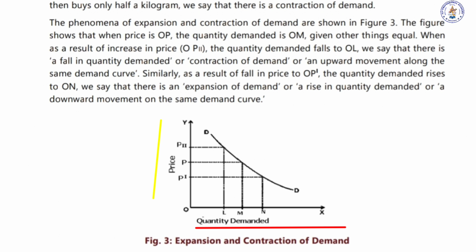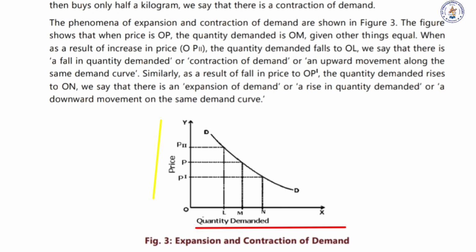Now when the price increases to the level of P2, that is up above on the y-axis, his quantity comes closer to 0, that is OL becomes the quantity that he is ready to buy due to the increase in the price. Now you can see the demand decreases or contracts. Now little later, when the price falls to P1, he is ready to buy ON quantity of the goods.